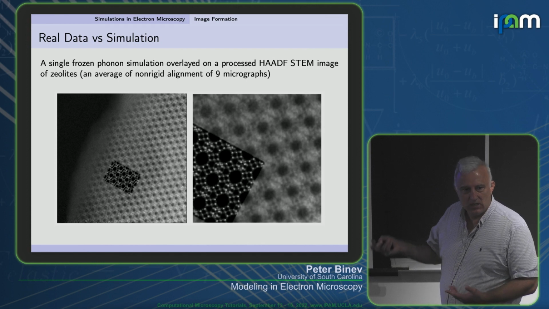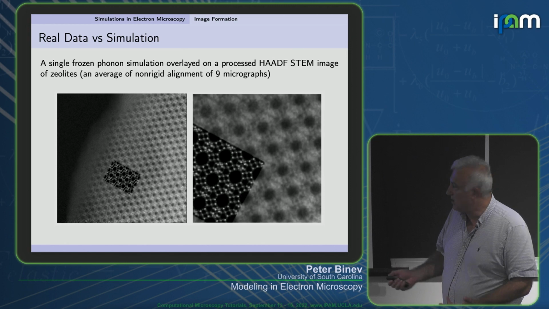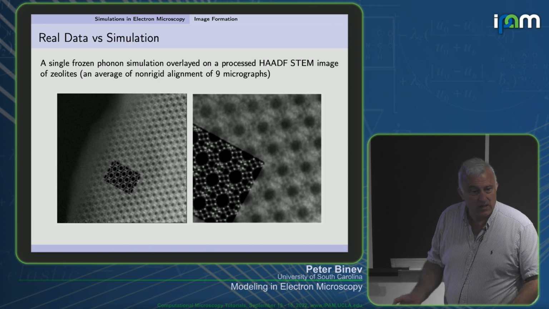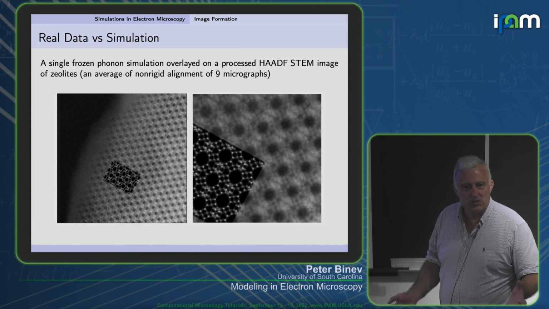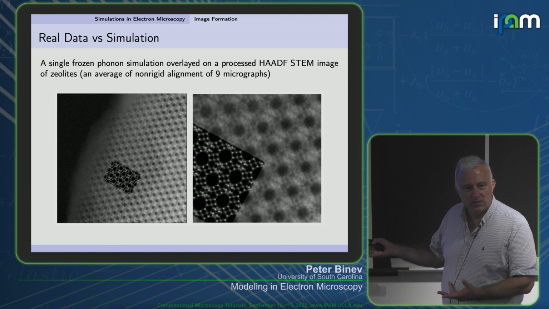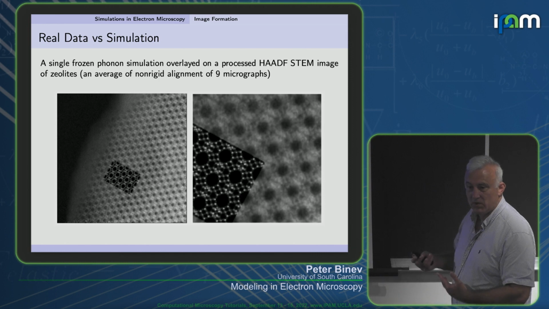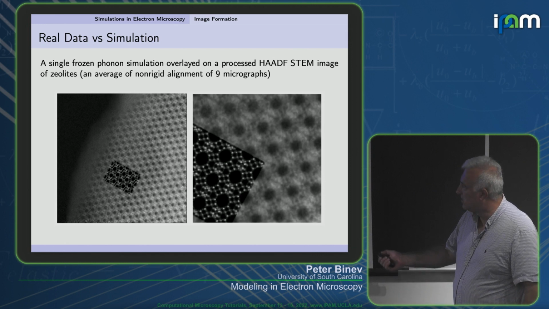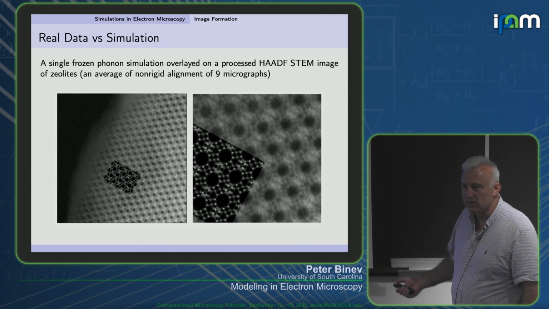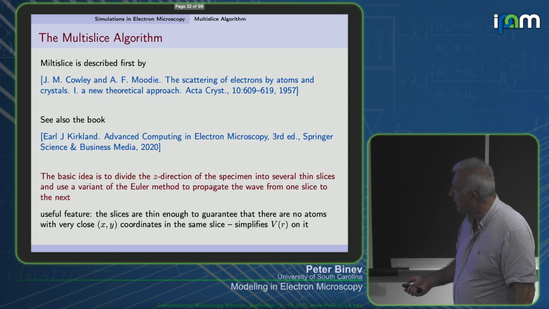So if we want to make a simulation, we of course assume that the positions are the same. We cannot make random distortions because they will differ from what happens in practice. So that means we have to do some inverse modeling, in a sense, to compensate for these position distortions through this non-rigid alignment, which we did at that time.